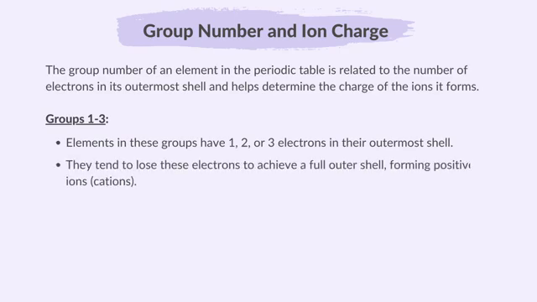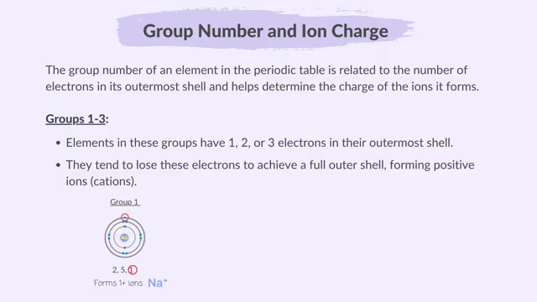They tend to lose these electrons to achieve a full outer shell, forming positive ions or cations. Remember, in chapter 2, we learned that it is easier for elements to lose electrons than to gain them when they have fewer electrons in their outer shell.